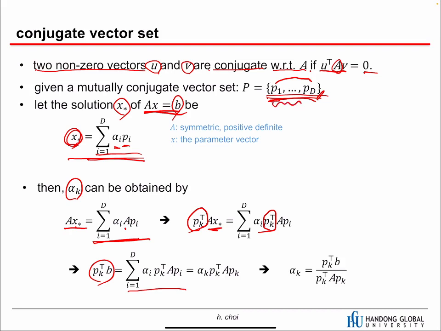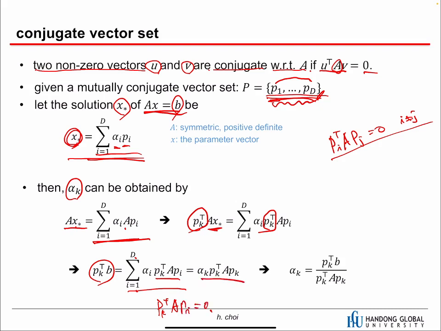Since these are conjugate vectors, p i transpose A p j should be 0 when i is not j. This is the definition of conjugate vectors. So in this case, i goes from 1 to d, but all the other p k transpose A p i will be 0 except this one.